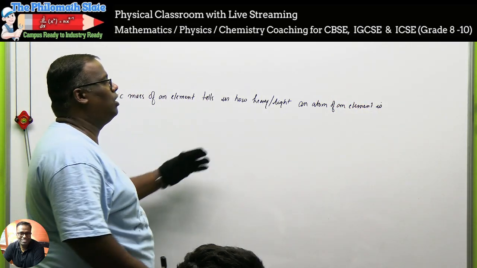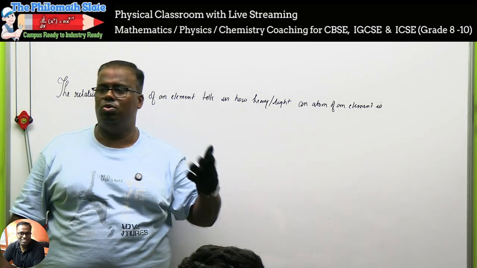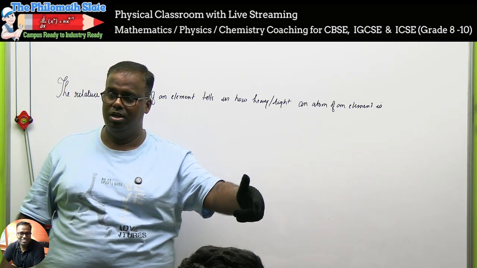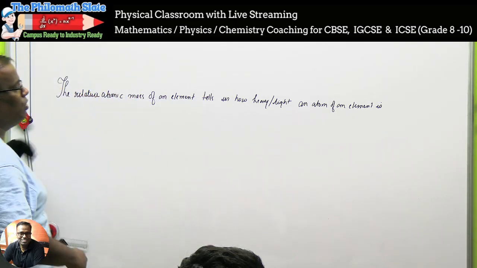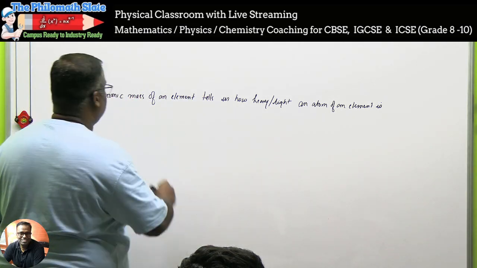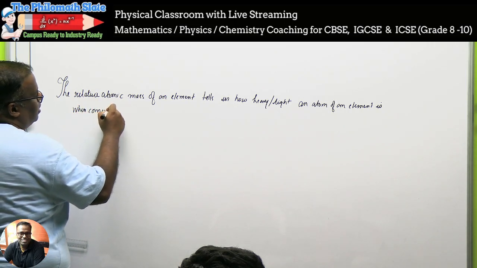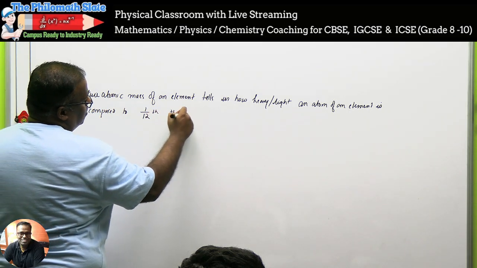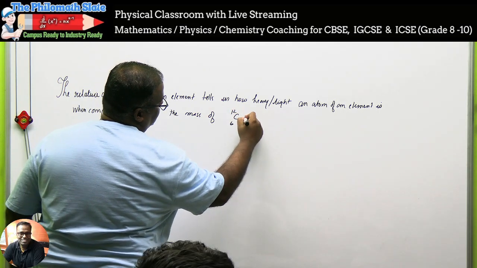How heavy or light? Heavy means more than one. I am JD, he is 2 JD, so he should be heavier than me. He is 0.8 JD, so he is lighter than me. How heavy or light an atom of an element is when compared to 1/12 the mass of a carbon 12 atom.